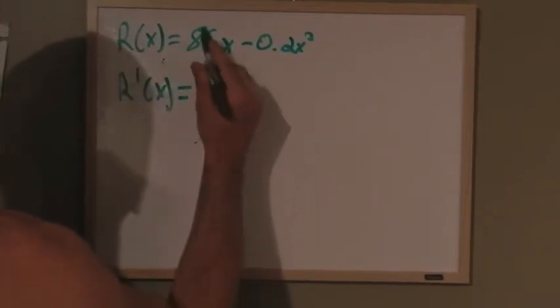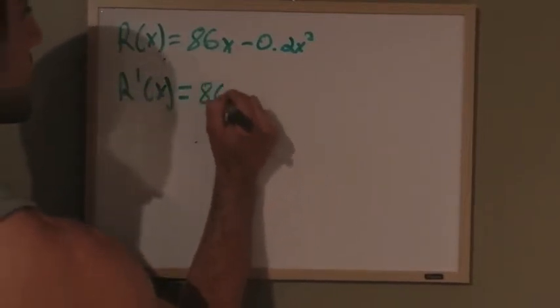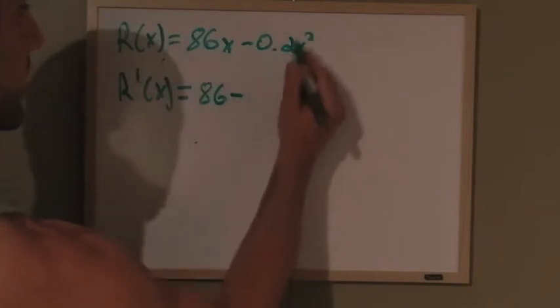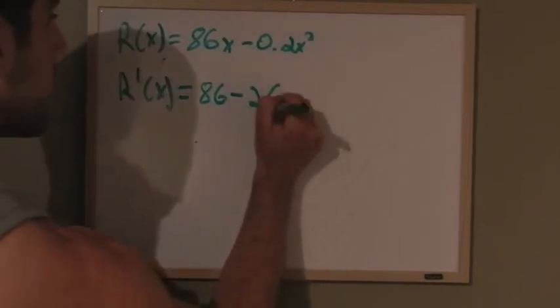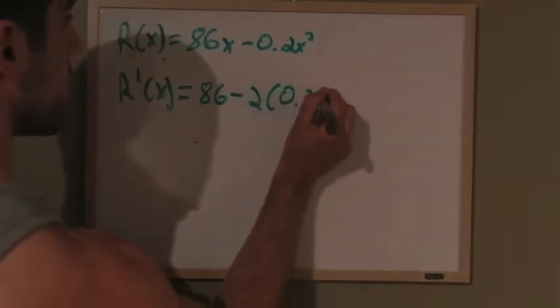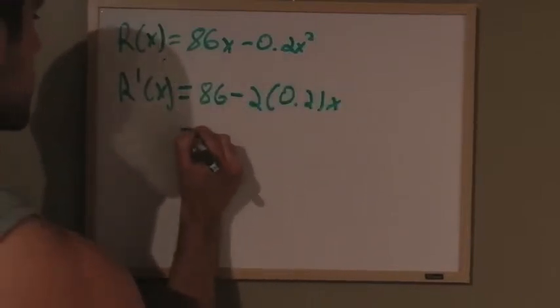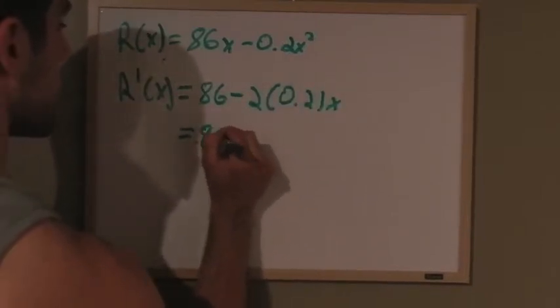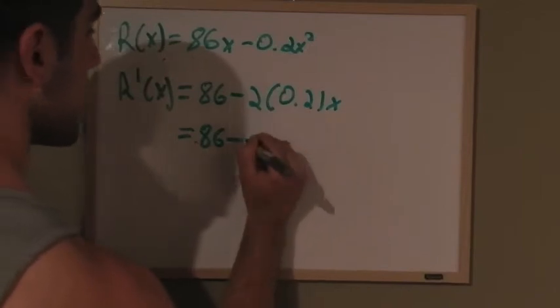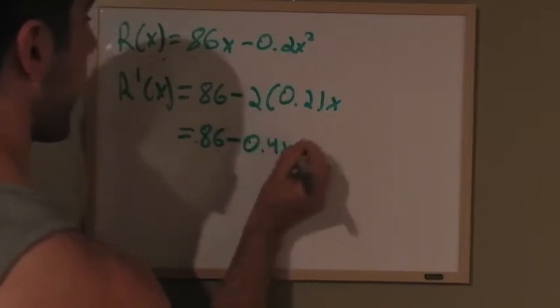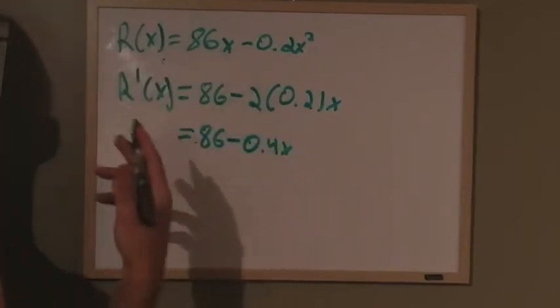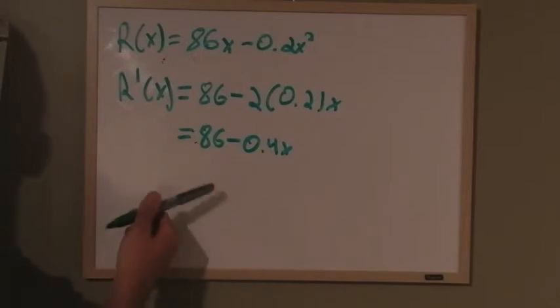So we find that, which is 86 minus, bring down the 2, 0.2x. Simplify: 86 minus 0.4x, and this is our marginal revenue function.